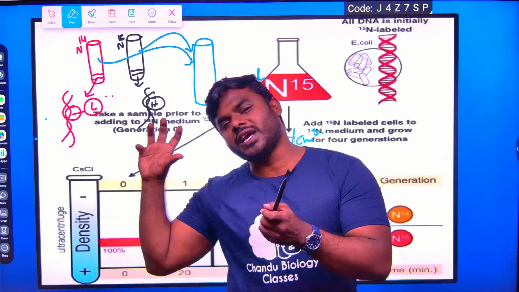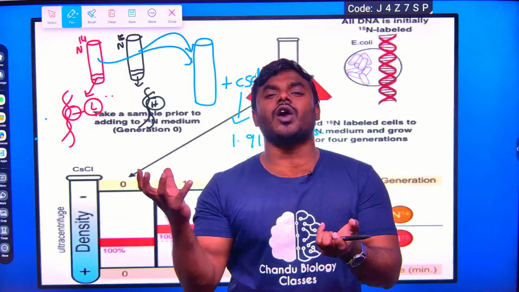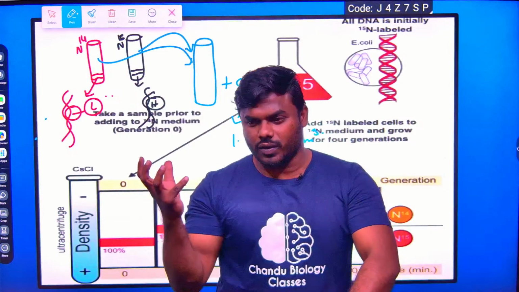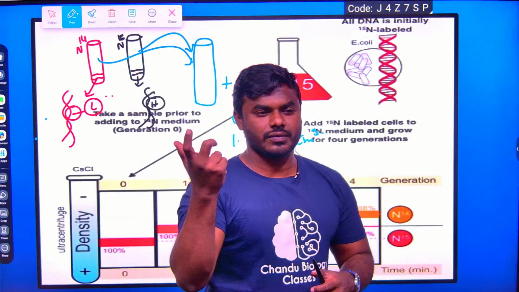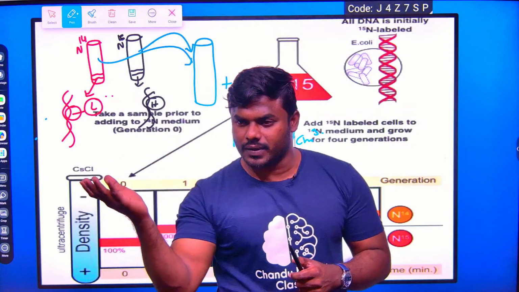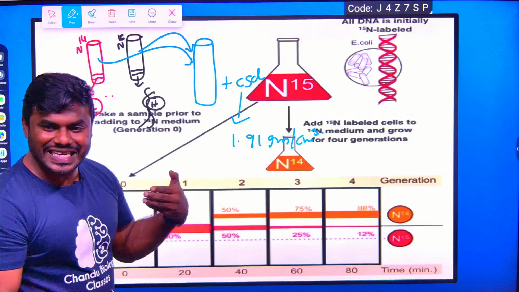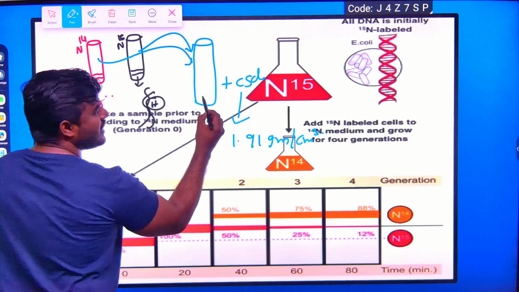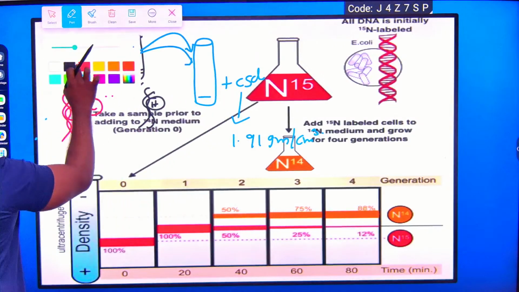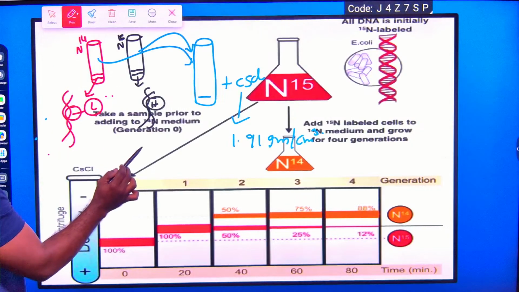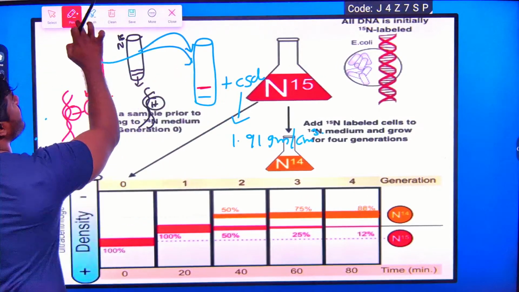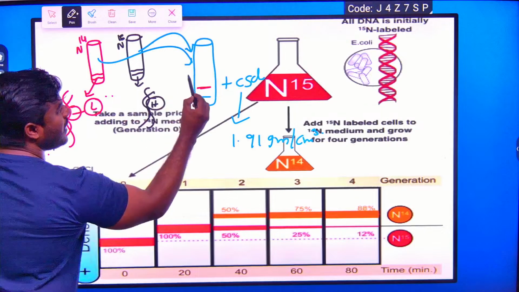If I throw a big stone which is heavy, obviously it will go down. If I throw a leaf, obviously it will float. The same thing will happen here also. Now tell me which is going to settle down. Obviously cesium chloride settles down, right? After that, N15 or N14? N15 will settle second. After that N14.